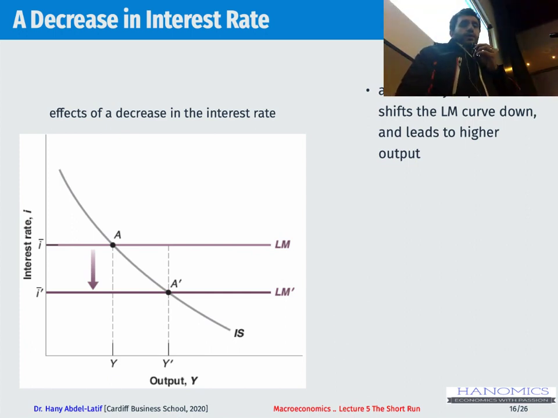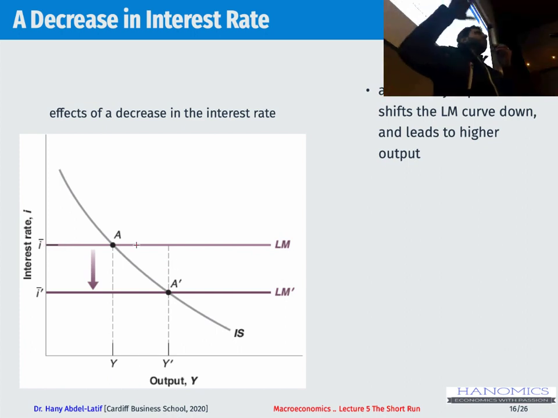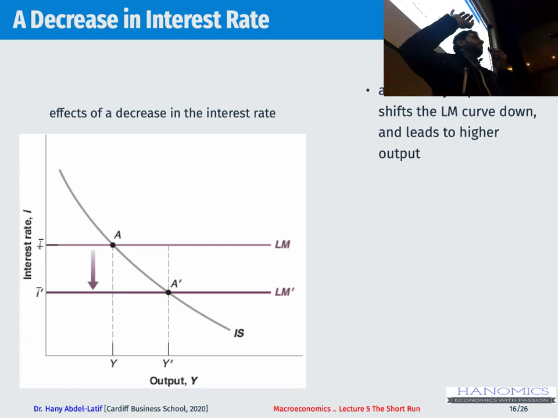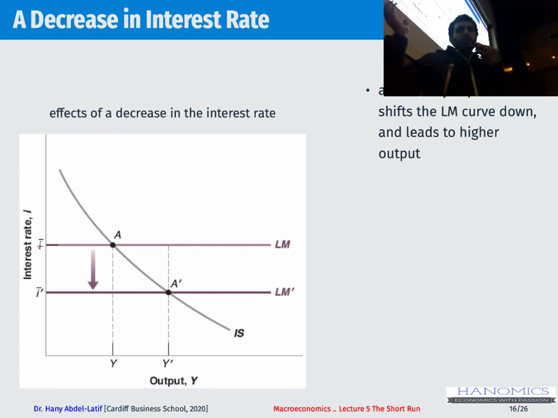Given that we have this horizontal LM curve, lowering the interest rate just means you shift this LM curve downward. The first equilibrium point A is at the higher level of interest rate, I bar, and the bar here is what explains the horizontal shape of the LM curve, because it's given by the central bank.